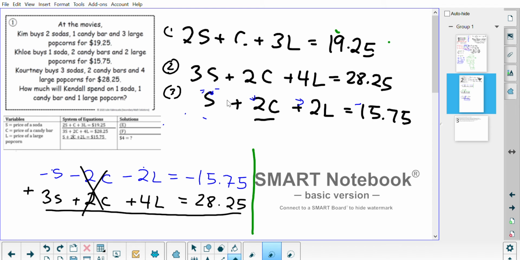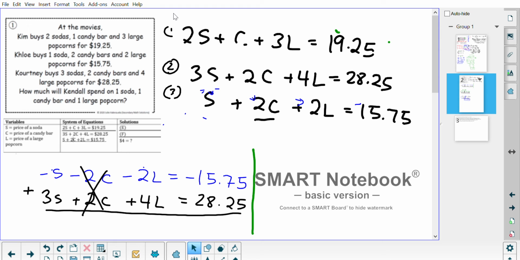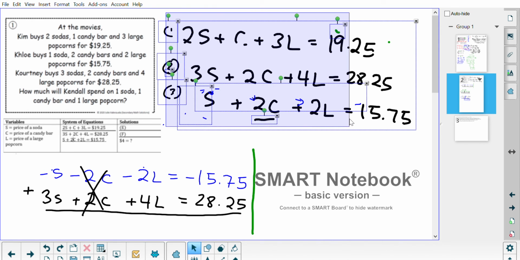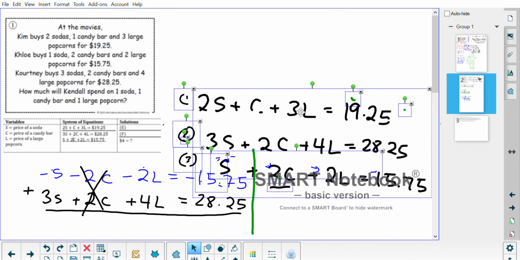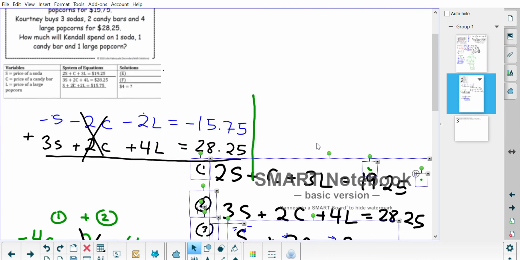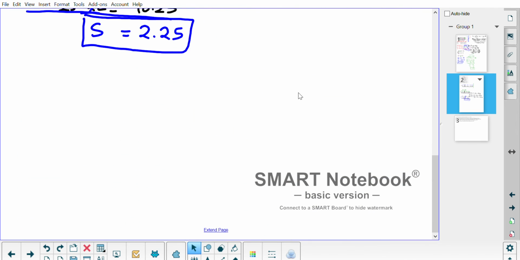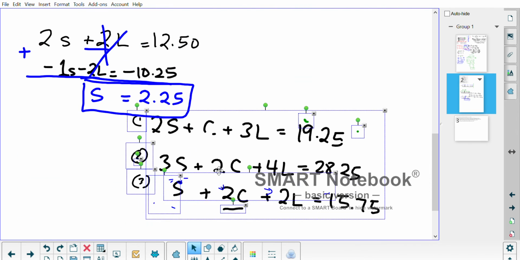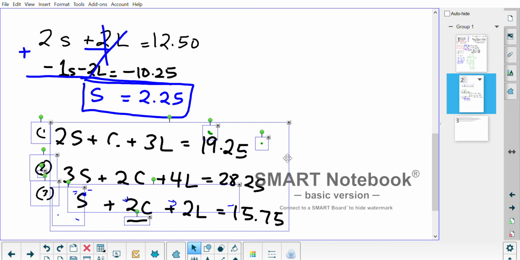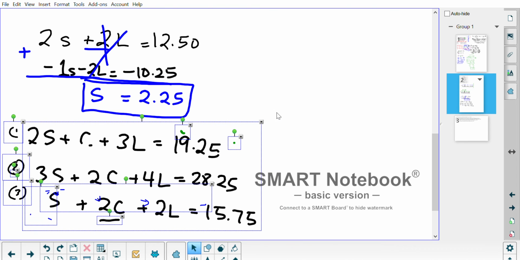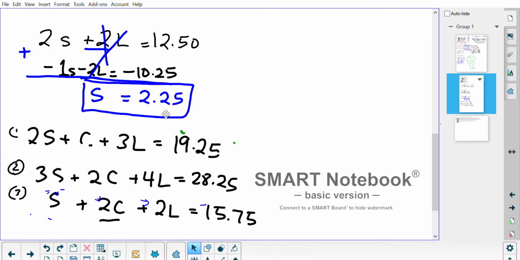Okay, so what we can do, let me just put all the equations that we've created down here. So let me just move them down. Okay, so this is our first, second, and third equation. 1, 2, 3.